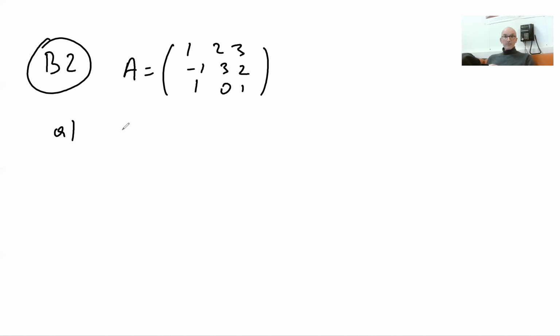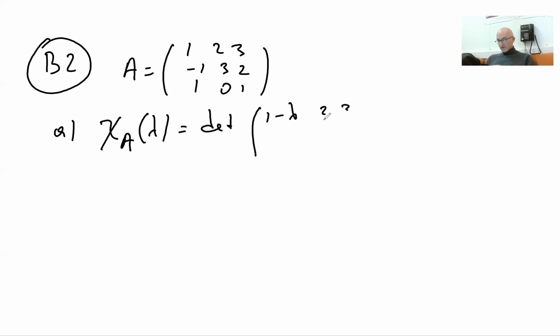Again, when you see a 3 by 3 matrix, the first thing you have to do is to compute its characteristic polynomial, which is the determinant in this case of the matrix 1 minus lambda, 2, 3, minus 1, 3 minus lambda, 2, 1, 0, 1. Yeah. And we just compute it by the book. Again, this is this times this plus 1 times the determinant of this matrix here.